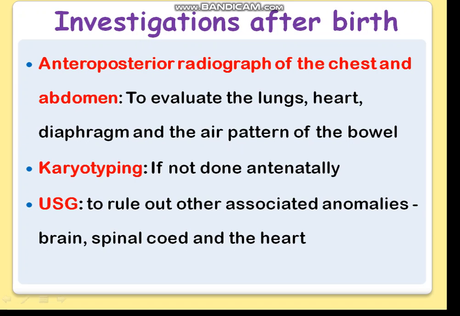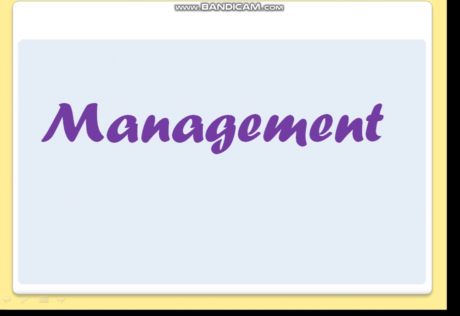So ഇവിടുത്തെ പറഞ്ഞ investigations: AP radiograph of the chest and the abdomen in order to find out associated anomalies, karyotyping, USG again in order to rule out associated anomalies. So these were about the diagnostic management.